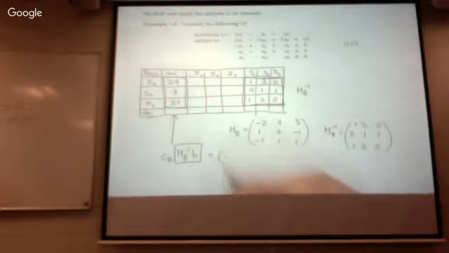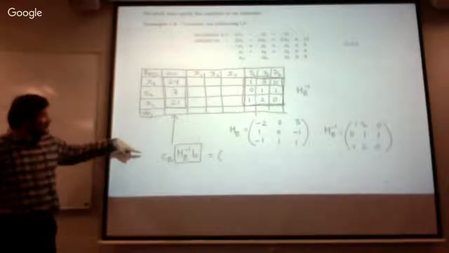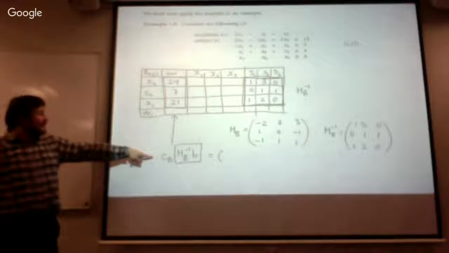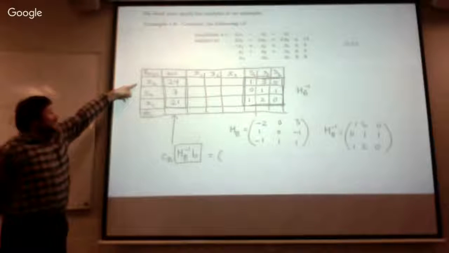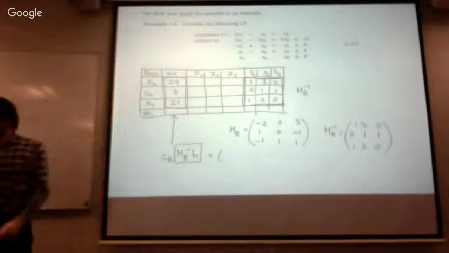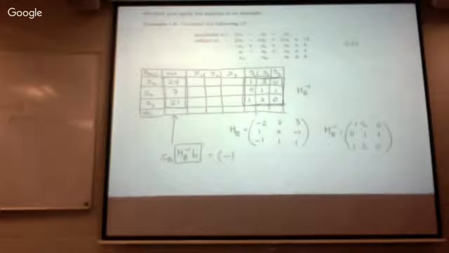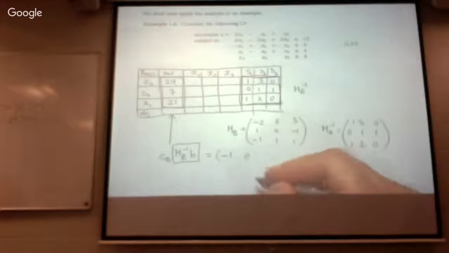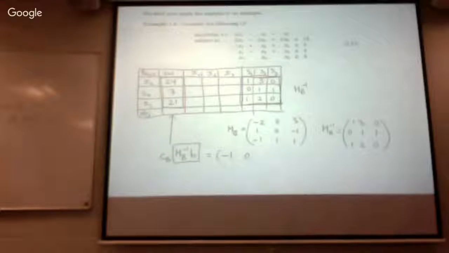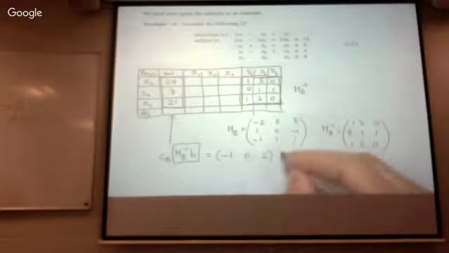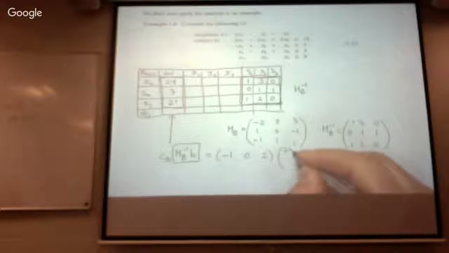And CB is, I look at the objective coefficients of the basic variables. So x2 has -1. S3 has nothing, it is not in the objective, so its coefficient is 0. And x1 has 2. And 24, 7, 21.